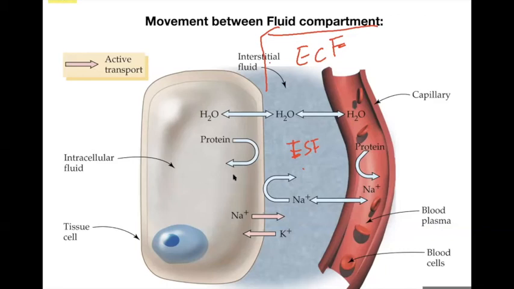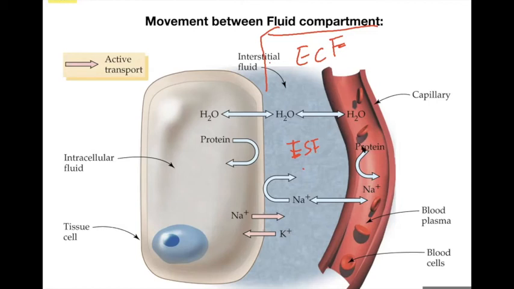Whereas your cells themselves are going to have very different concentrations of sodium and potassium. So movement from here is often based on how permeable it is and the fact that water is going to follow salt.